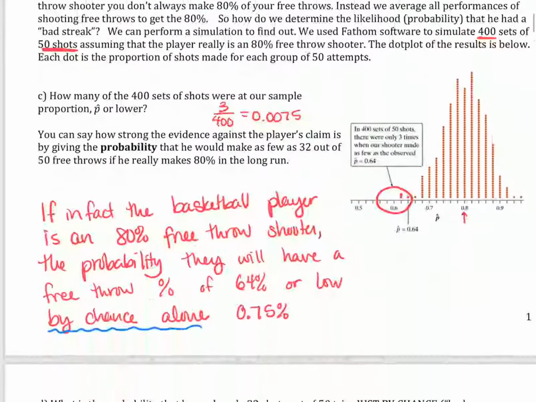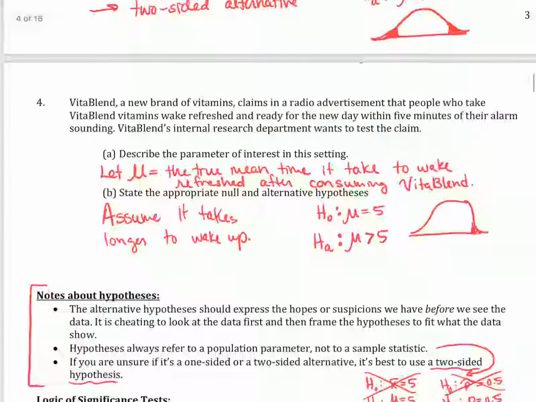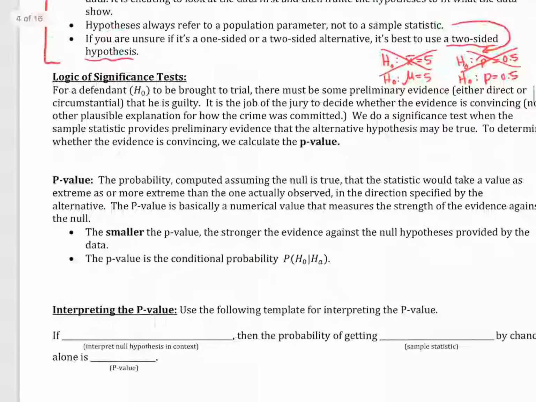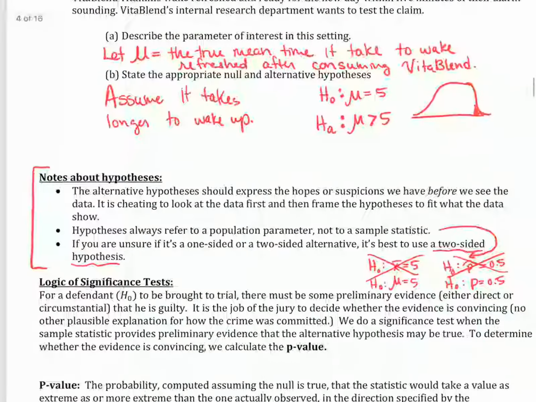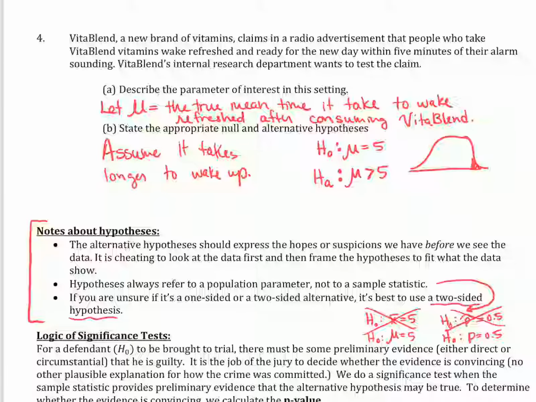And what we're going to do here is pick up where we left off with our basics of significance tests. What we did last time in video 11.1a is we looked at identifying our parameter and how to set up appropriate hypotheses to test a claim.